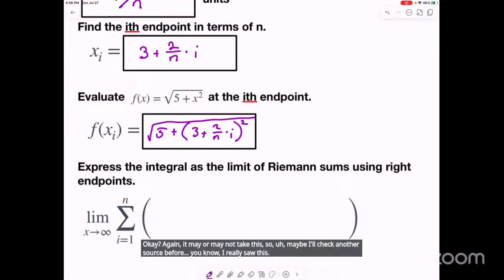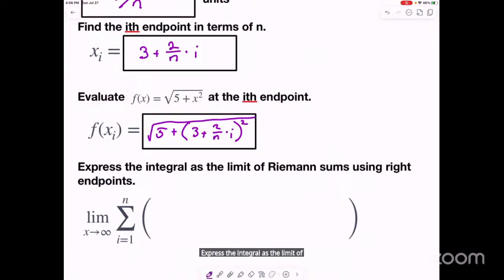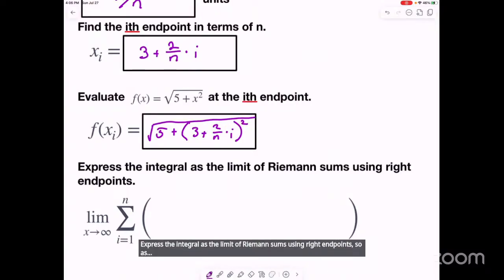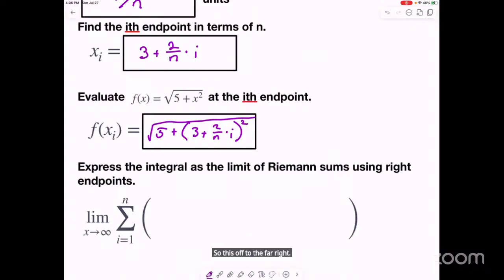Express the integral as the limit of Riemann sums using right endpoint. So the limit as n goes to infinity, that's off to the far right, as i goes from 1 to n.